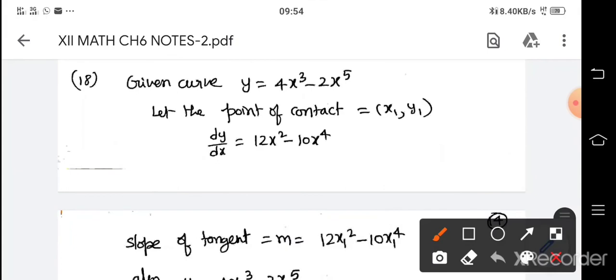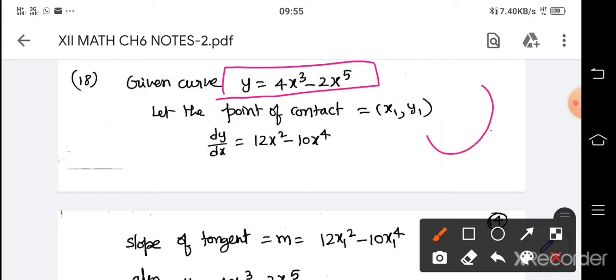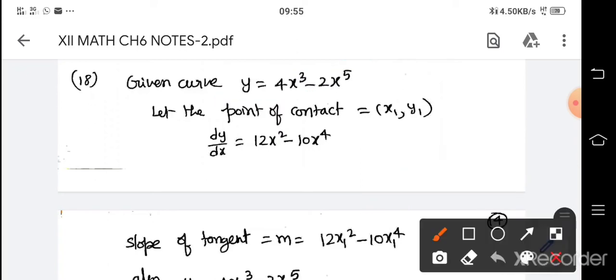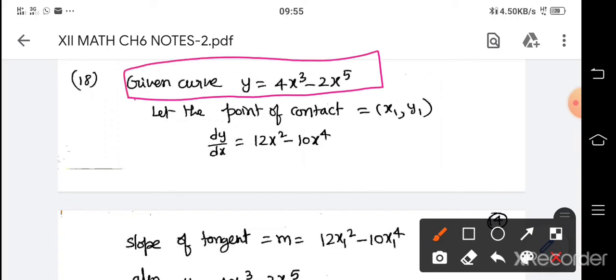18th question, given that y = 4x³ - 2x⁵. They are asking us to find all the points on the curve at which the tangents pass through the origin. For example, if I draw a tangent like this, the tangent is passing through the origin. So what is given? The given curve is this. Anyway, we find dy/dx. We need to find the point.